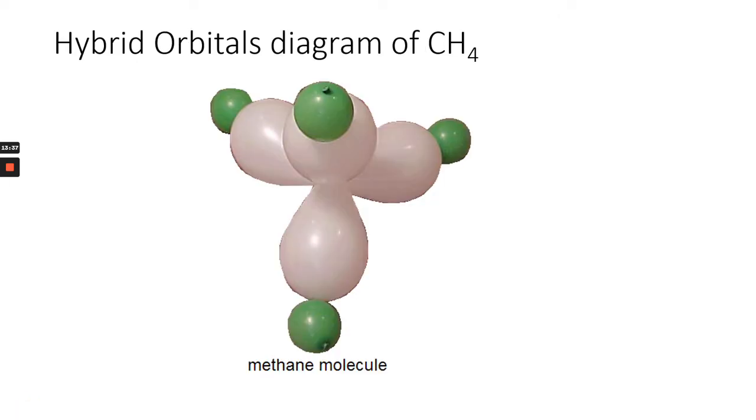So here is, in balloon form, our methane, okay? And if we needed to label this, the carbon is the white balloon, and the green balloons are your hydrogens. And this shape is tetrahedral, and its hybridization is sp3.